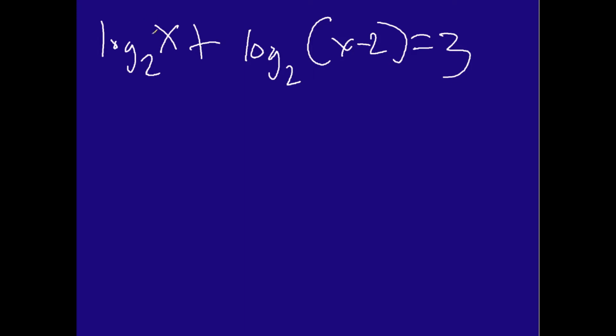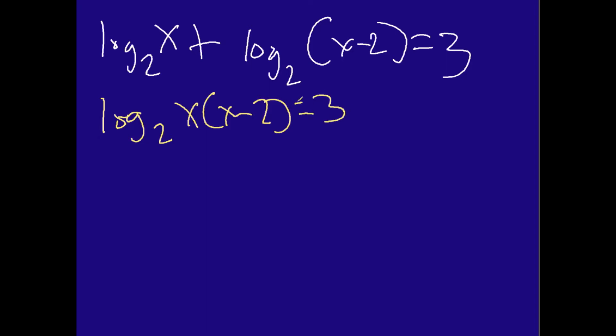In other words, if these two logarithms are added together like this and they have the same base, I can rewrite that as follows. And again, this is a review of what we've talked about in prior videos. I can say log base 2 of x times x minus 2 equals 3.